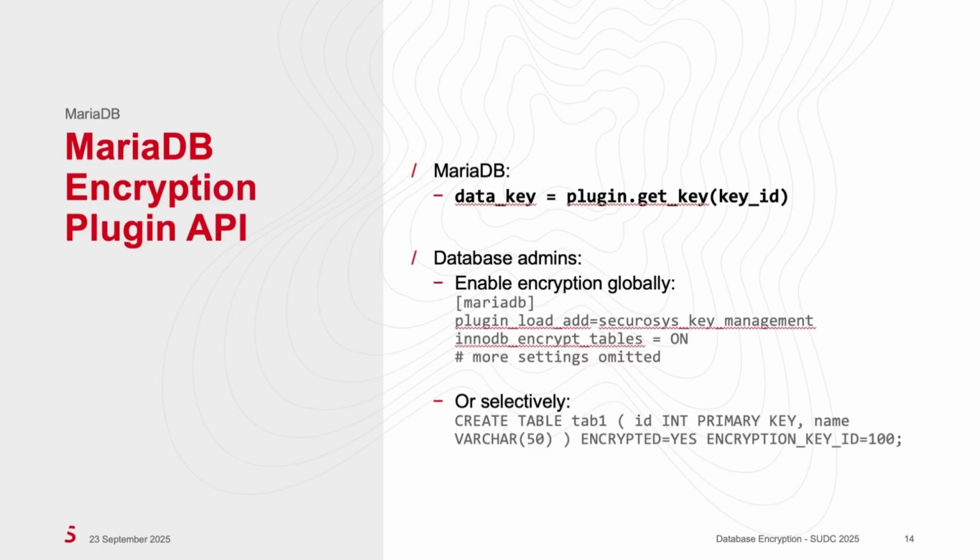Similarly, as a database administrator, you cannot just encrypt all the tables, but you can also encrypt specific tables and configure the key ID. This is what allows you to do key management. You can say, I have these tables, which I don't want to encrypt because they don't contain customer data. And then I can encrypt different tables with different key IDs, which will end up as different keys on the HSM.